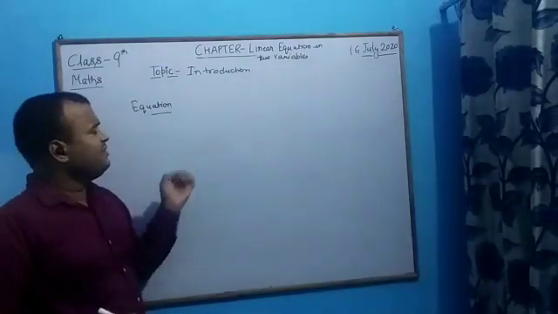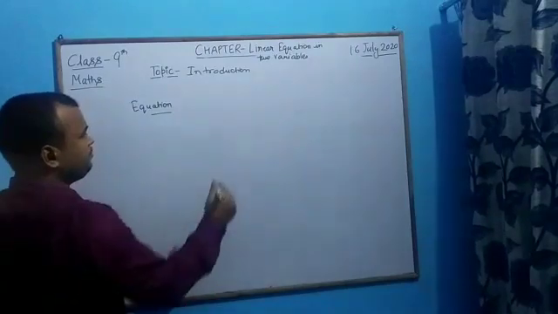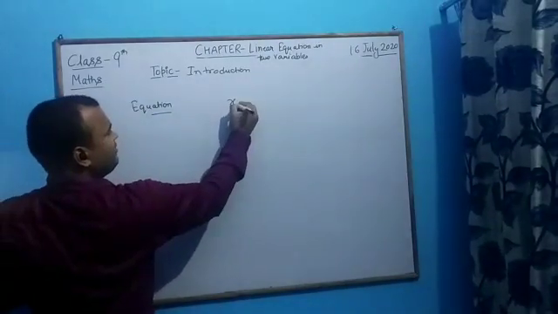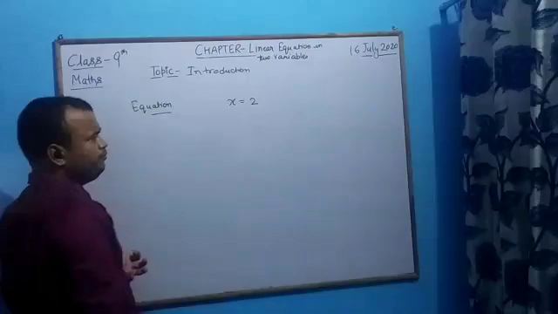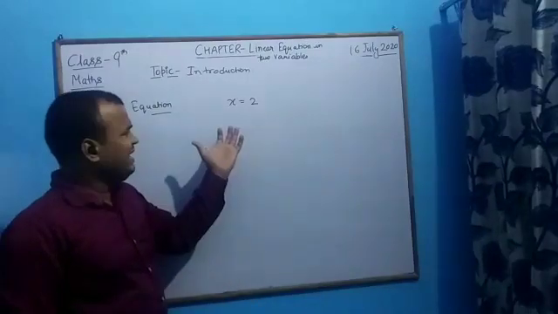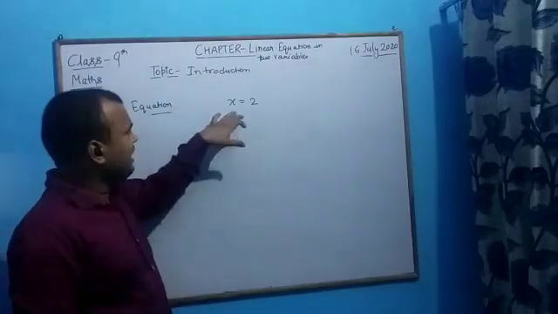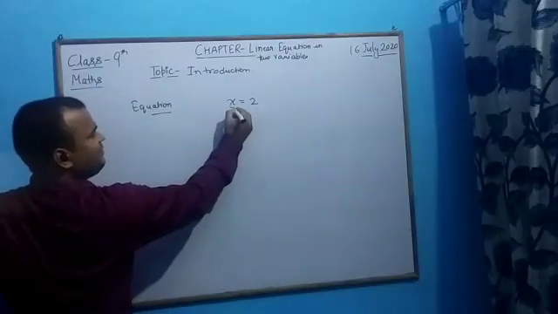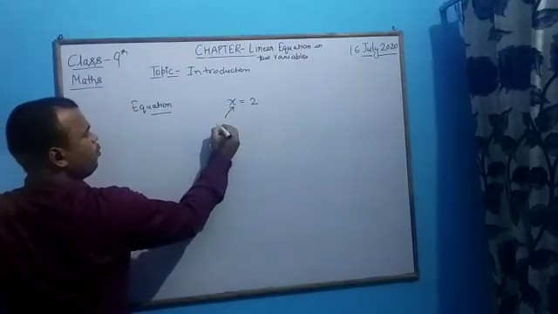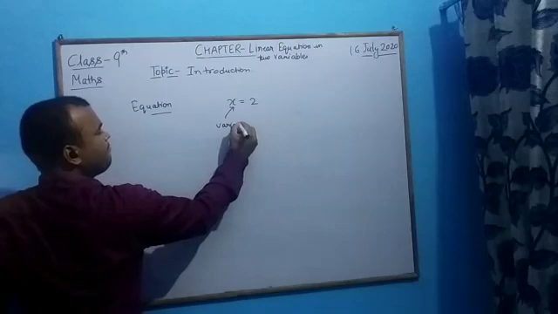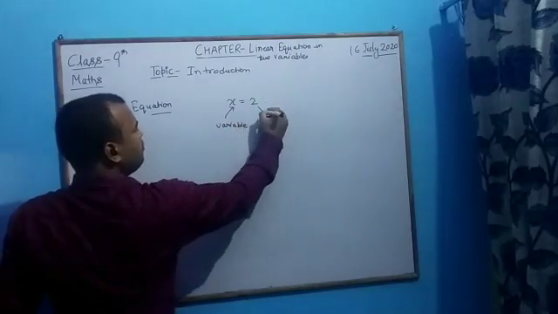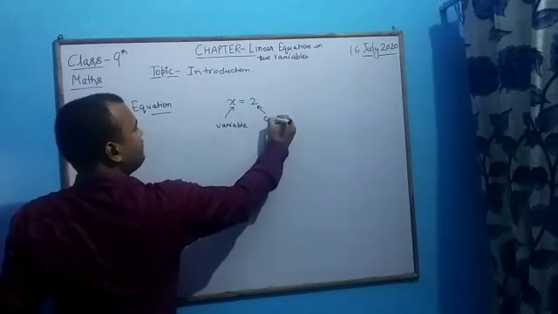Let us take a very simple example, that x is equal to 2. X, what is x? X is a variable. And what is 2? 2 is a constant.